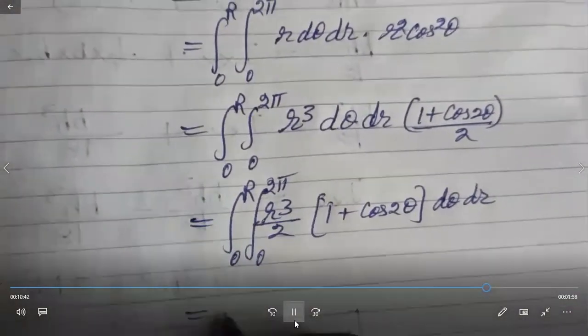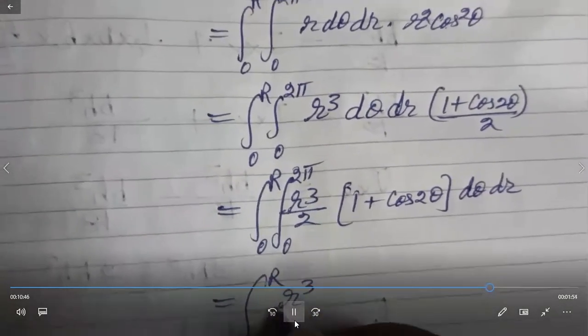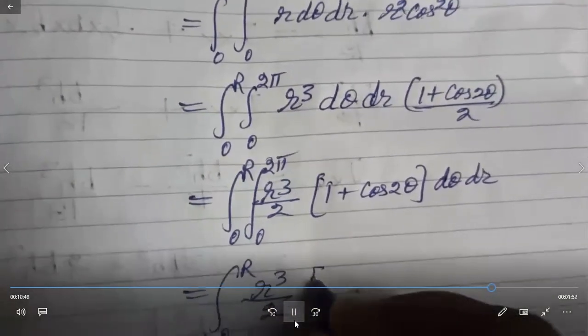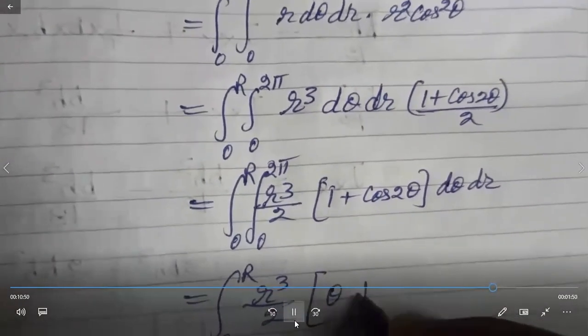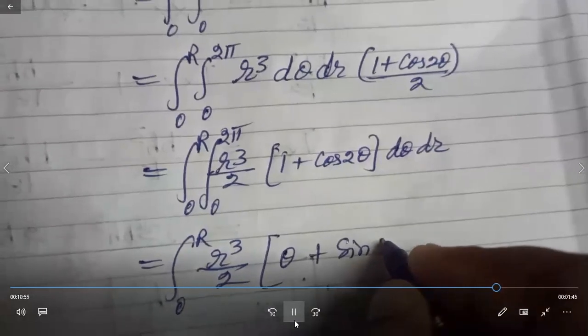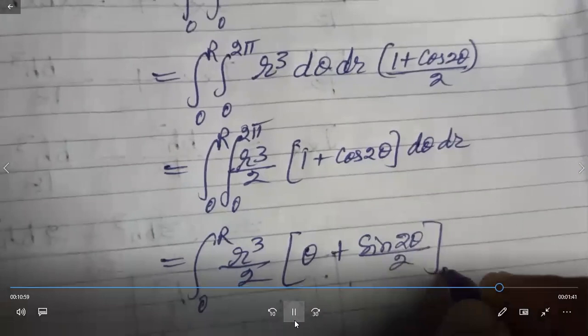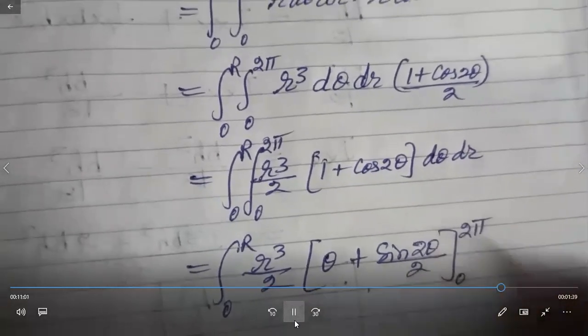Now on integrating from 0 to R, r square becomes r cube by 2, and on integrating theta plus sine 2 theta divided by 2, the limit is 0 to 2 pi.